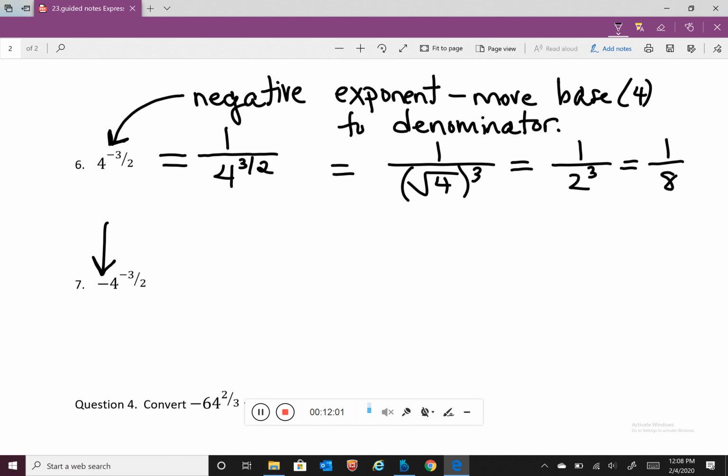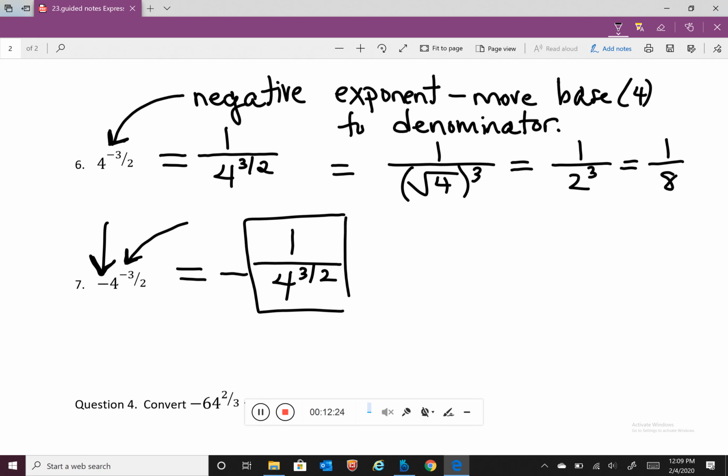the only difference between 6 and 7 is there is a negative out front. So this is equal to the negative of, now we have a negative exponent, so I'm going to treat this the same way. This is 1 over 4, now raised to the 3/2. And do you notice that this is exactly the same as what we have right here?